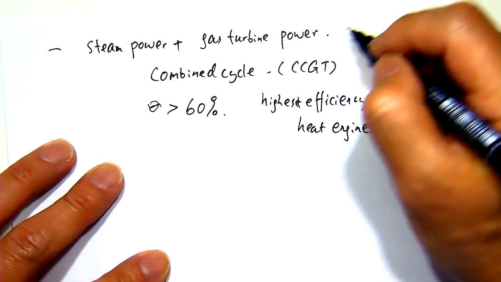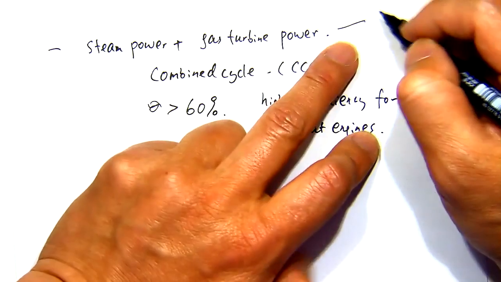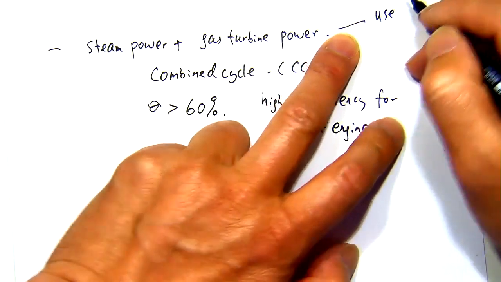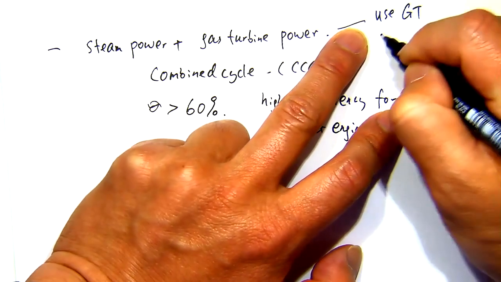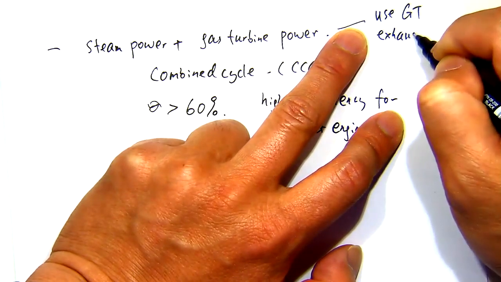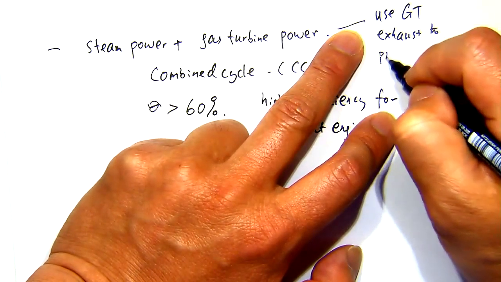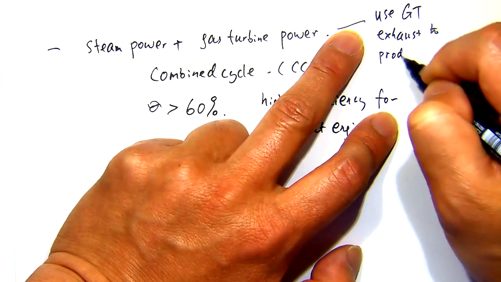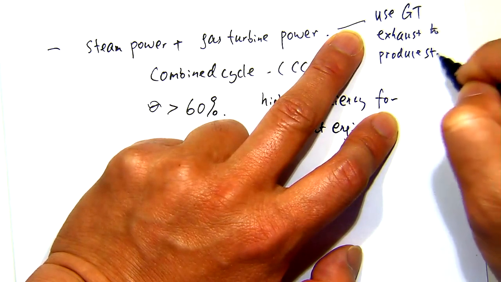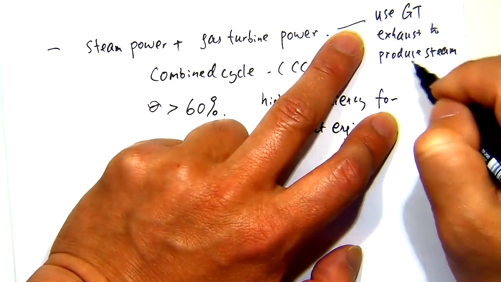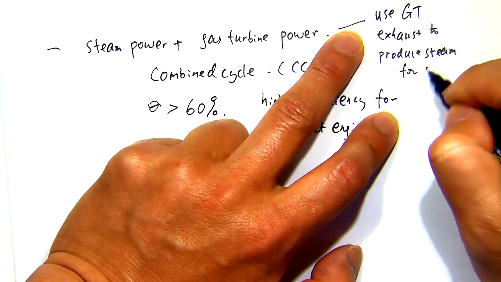Maybe I should also write: use GT exhaust to produce steam for the steam cycle.